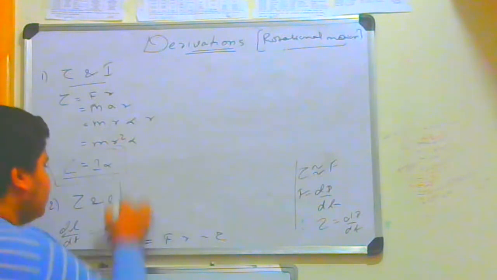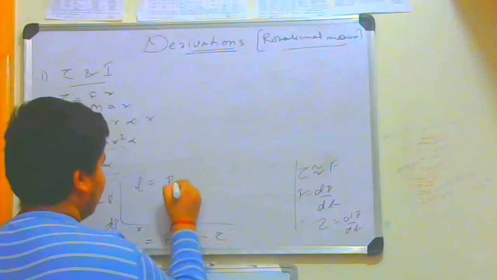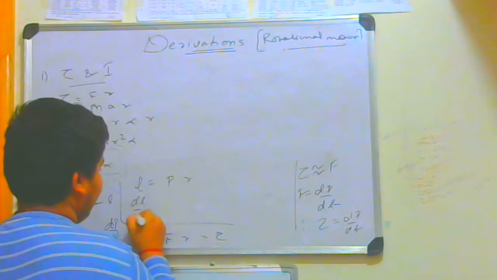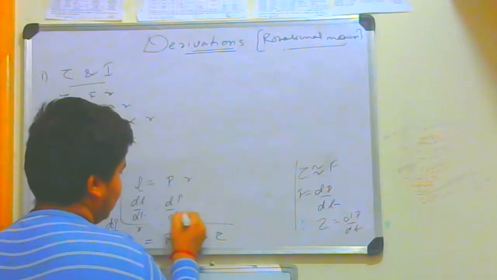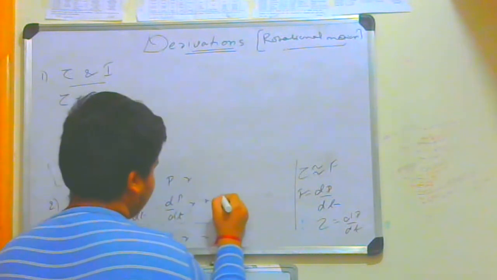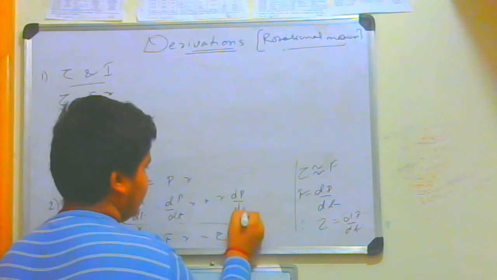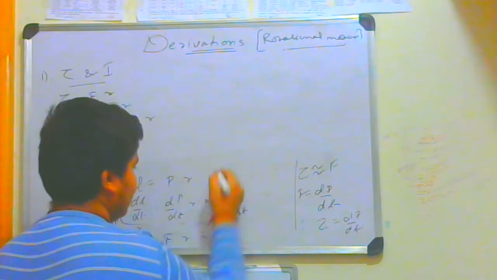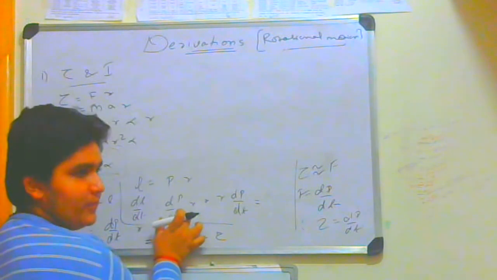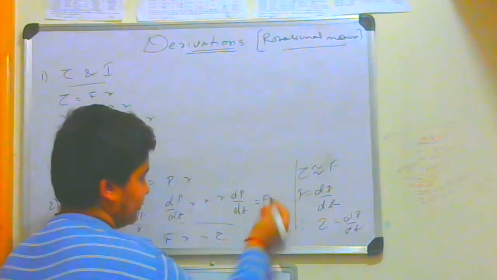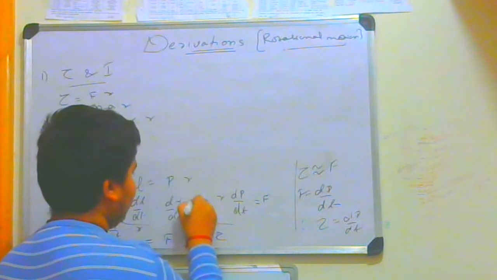You can also write it this way. There is one more way of this relation: L is equal to PR, so dL by dt equals dP by dt R plus R dP by dt. Here dP by dt is nothing but force. No, dP will not come, here dr by dt will come and here p will come.